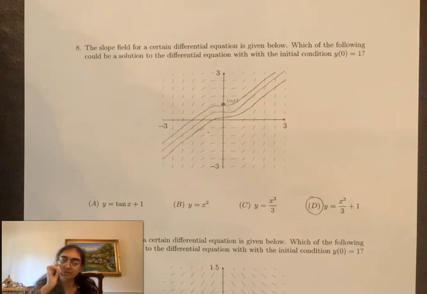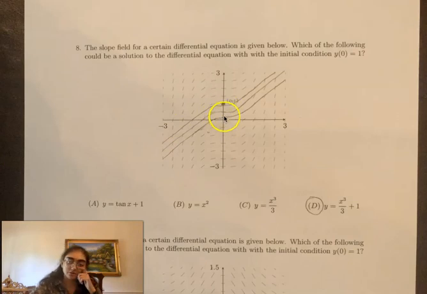So if we look at our answer choices, we see that we have tan x plus 1. This is what a tangent line looks like. We have x squared. This isn't a parabola. We have x cubed over 3. That's not what this looks like. Well, it does look like that, but see how our initial condition is at 0, 1, and it's not at 0?